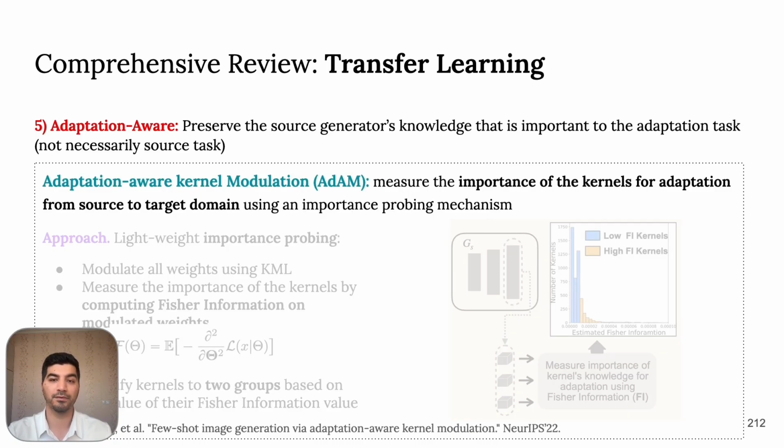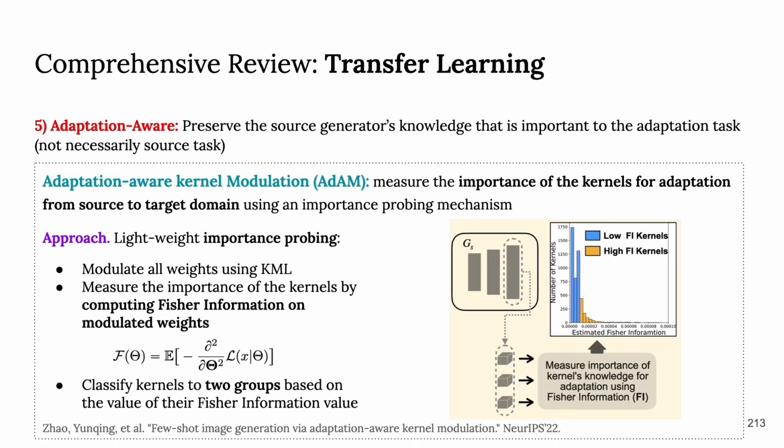So Adam is the first work that discusses this. In Adam, we use the importance of the kernels for adaptation from source to target domain. We modulate all weights using KML, and we perform adaptation for a small number of iterations. During this adaptation, we use Fisher information on modulated weights to detect the important weights.